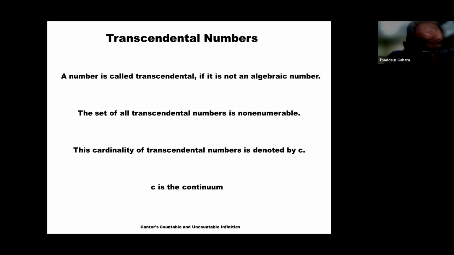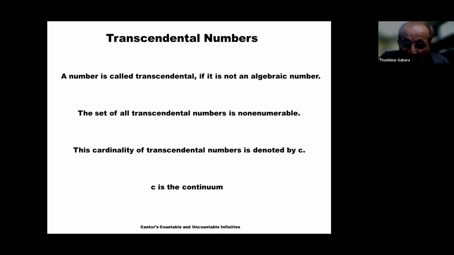And then we have transcendental numbers. Well, where do you find transcendental numbers? Very easy. You find all the algebraic numbers in the real numbers. You can make a Venn diagram of it.